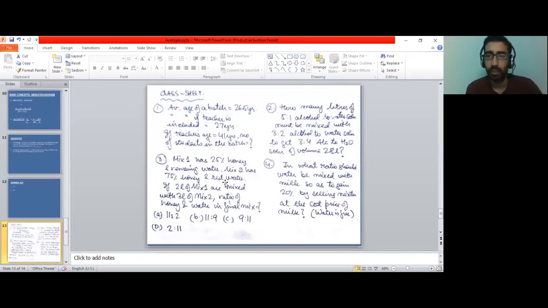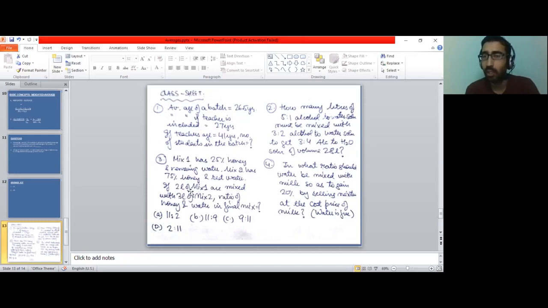In this question, it would pay not to try to be too smart. Just solve this directly. You have 2 liters of mix 1, out of which 25% is honey, which means half a liter is honey. And from 3 liters of mix 2, you have 75% honey, which means 2.25 liters is honey.